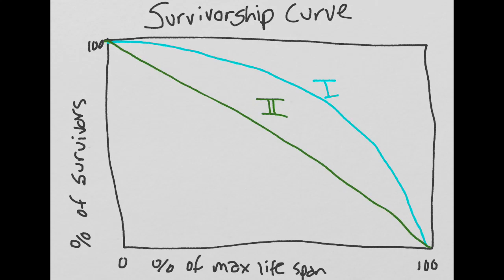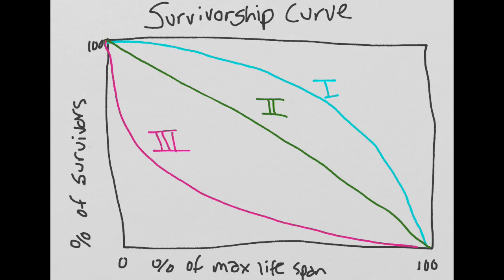Type 3 is basically the opposite of type 1. At the beginning of life, it is very risky to be alive, but once it passes a certain point, life is pretty good. They don't really have to worry so much about dying off. This is like clams, where at the beginning of life, it's very risky to be alive because they are very vulnerable to other species that like to eat clams, like otters, where it's very easy to crack open a baby clam and find it and consume it.